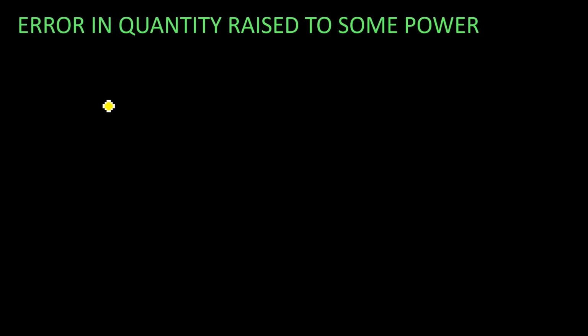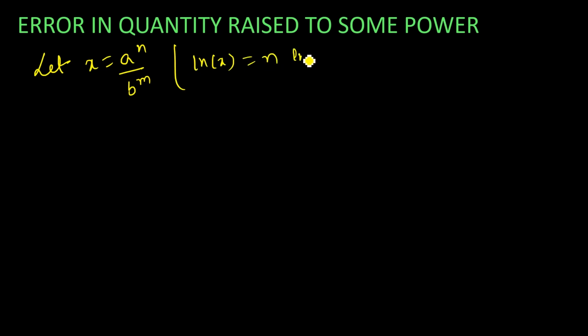Next, the last topic is error in a quantity raised to some power. How can it be? Take x equal to a power n by b power m. If you take log, we can consider ln x equals n log a minus m log b.